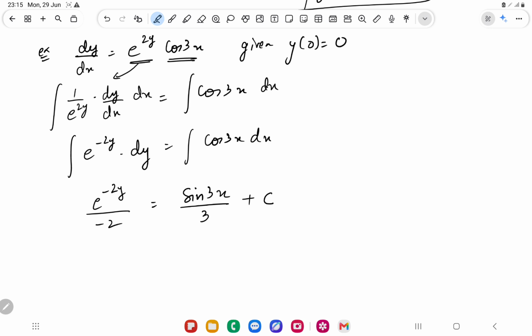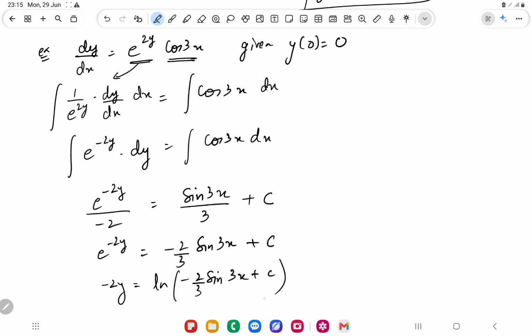Now again we can simplify this and we can write minus 2 by 3 sine 3x plus c, and we can take ln on both sides because I want my solution in the form y. So it will be ln of minus 2 by 3 sine 3x plus c.